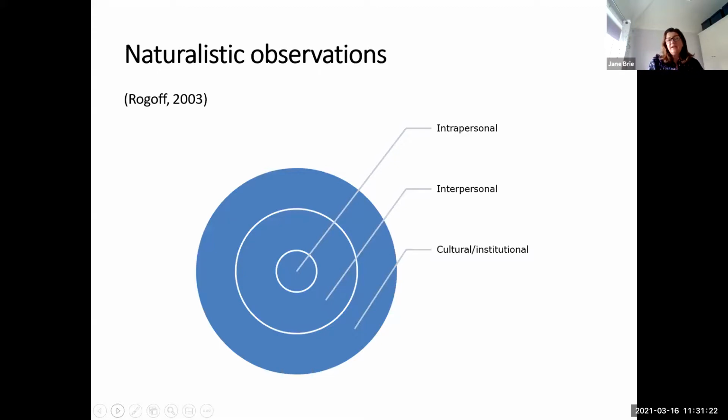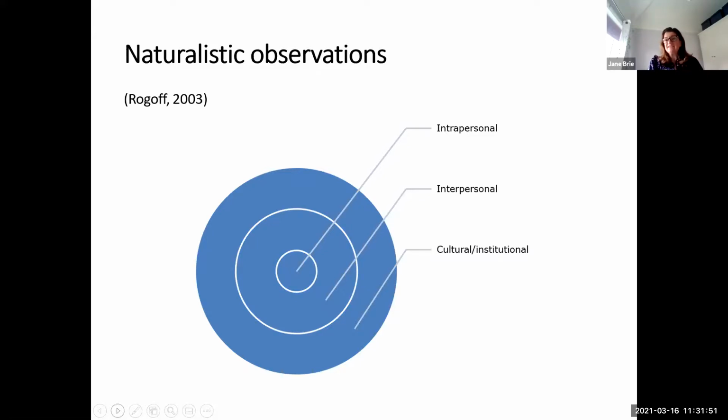And again, I think we've introduced Barbara Rogoff's work before, but again, really important when we think about analysis as well, and particularly linked to naturalistic observations. So thinking about the child, the child themselves, the child with others, and then, the child with their environment and culture. So, thinking about that in a little bit more detail and having that as a consideration when we are observing children as well.